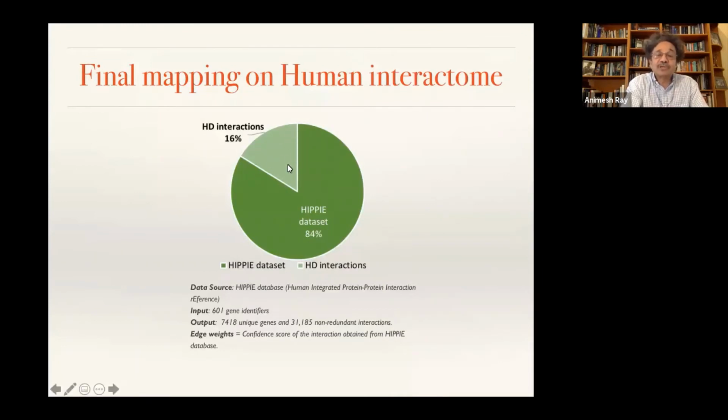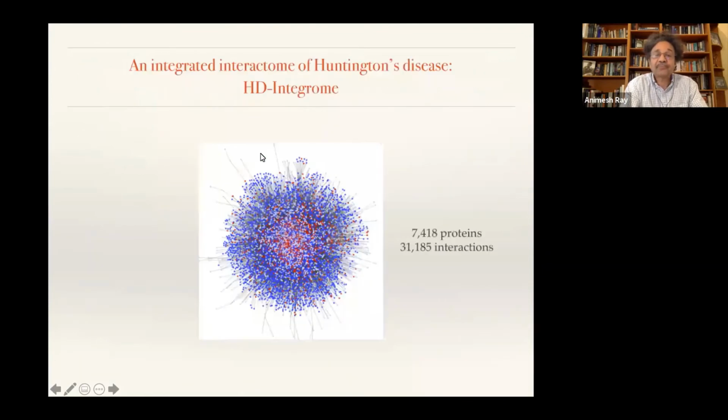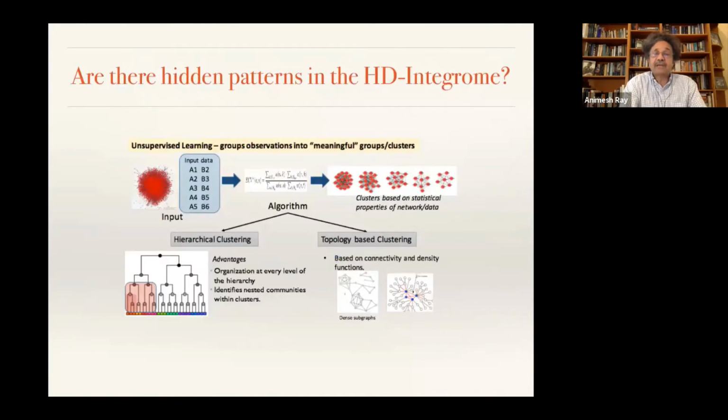16% of the proteins in the human interactome, protein-protein interactome, actually happen to interact with a mutant Huntington's disease protein. And this interactome was then analyzed by two different means. Are there hidden patterns? So one is the unsupervised machine learning, and generally, it's analogous to clustering. And usual clustering methods used in biology use hierarchical clustering or topology-based clustering that assume non-overlapping clusters.